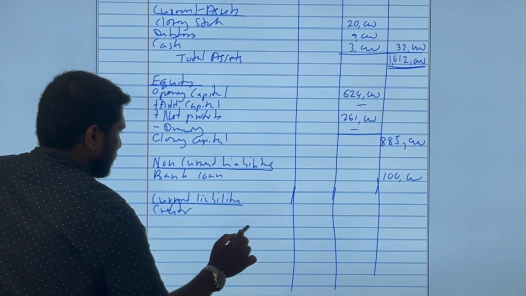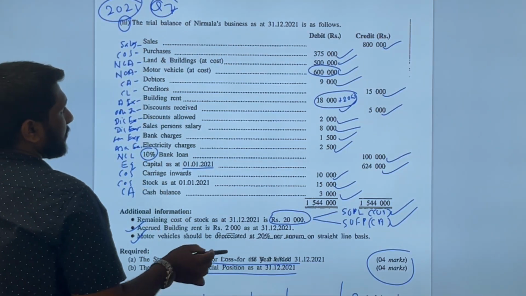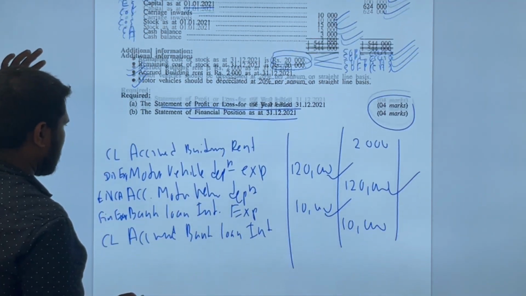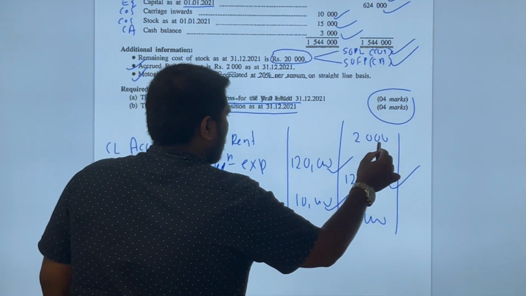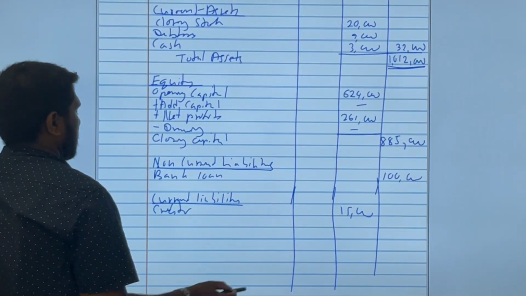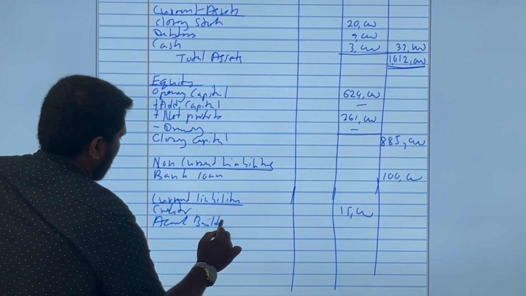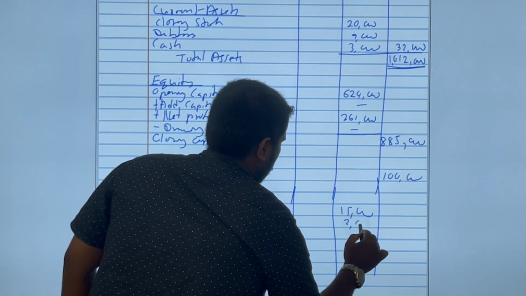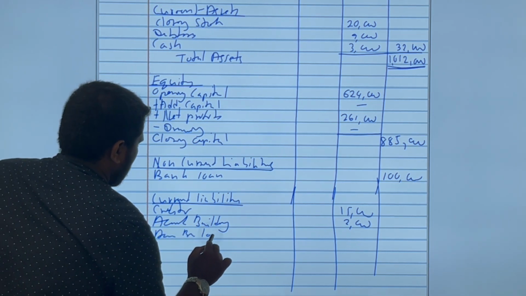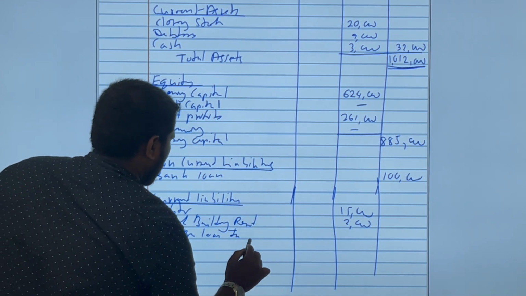Then we had accrued building rent 2,000, and accrued bank loan interest 10,000.